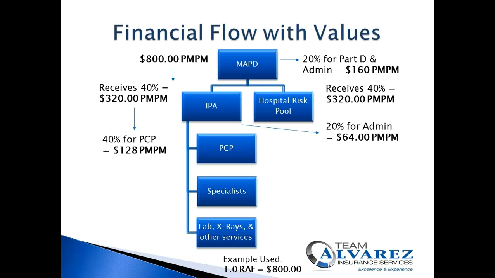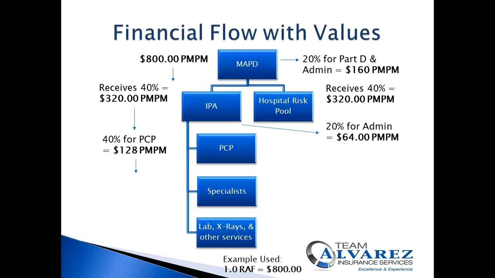So the PCPs, you're allocating about 40% of those funds for the PCP. Remember, in the capitation arrangement, regardless of the money received, the PCPs get paid the same amount, okay? So in this example, it's going to be about $128 per member per month, which is, let's just call it an average for the sake of this example.